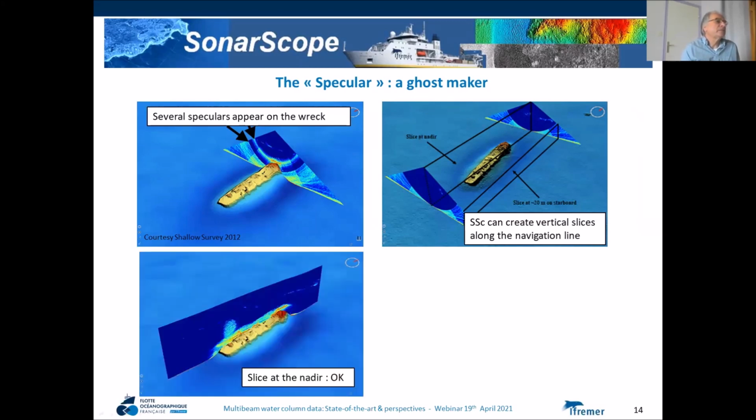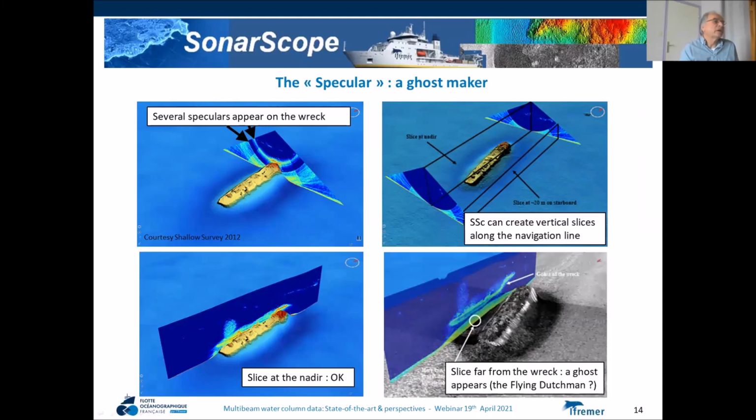In this last image, we can clearly see here at the nadir, and here we can clearly see the wreck, even though the cross section is far from it. We could say that the specular phenomenon is a ghost maker.